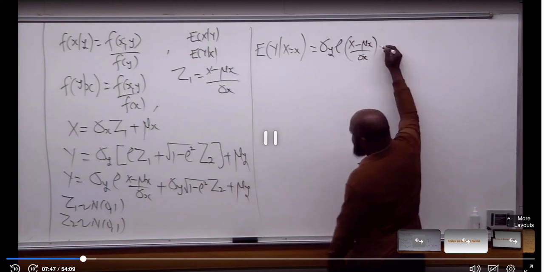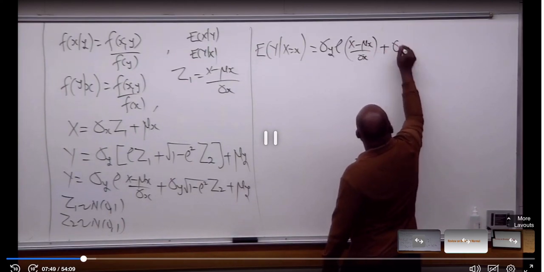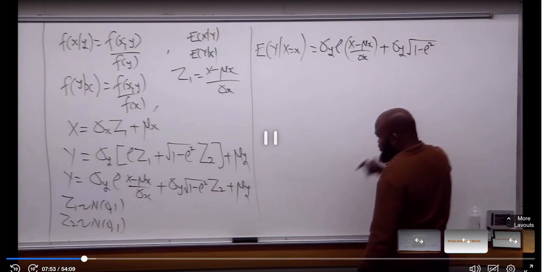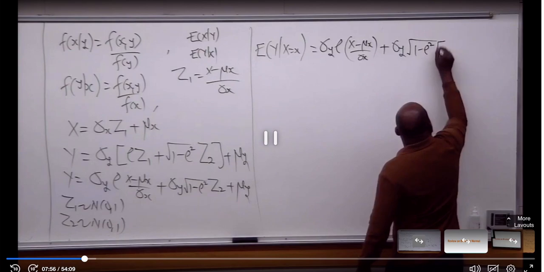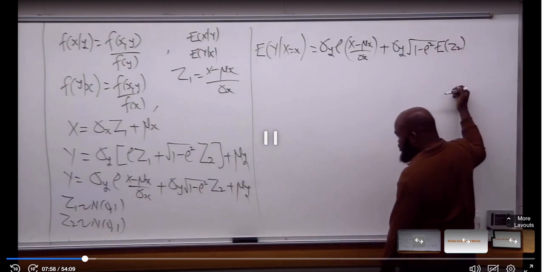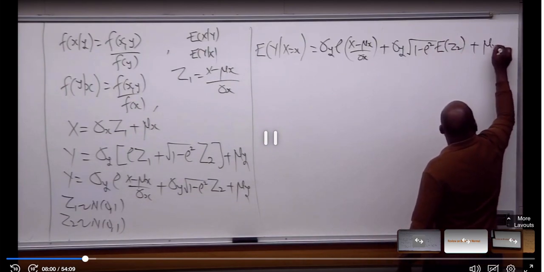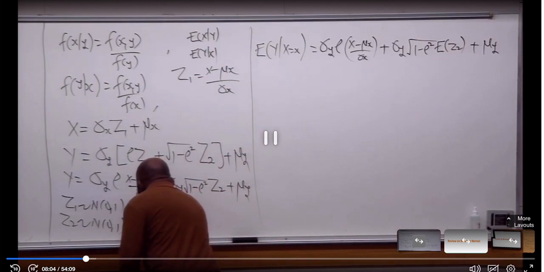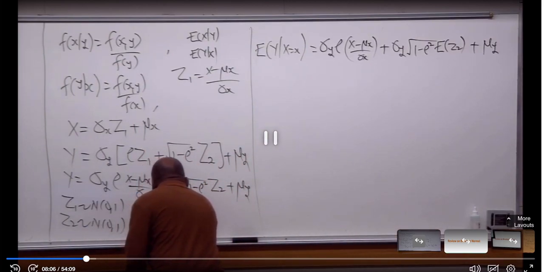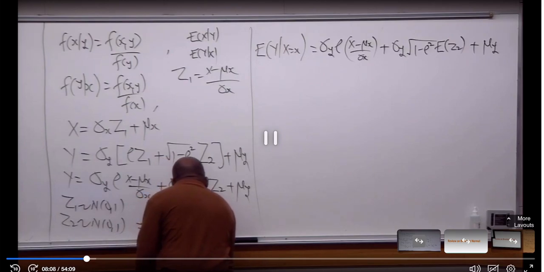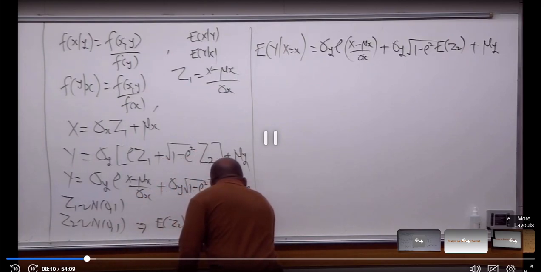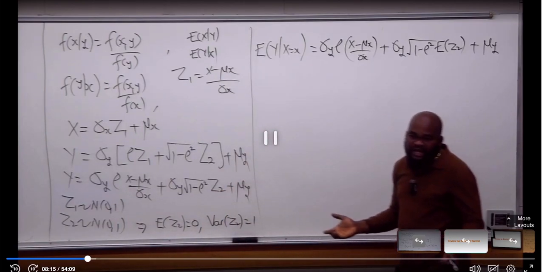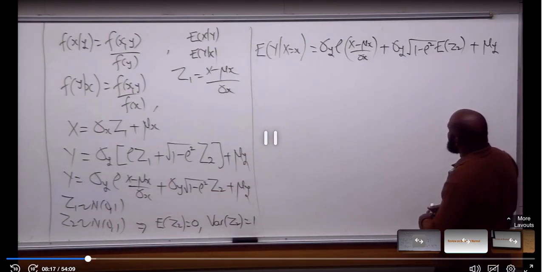I'm actually going to have this plus this, the expected value of z2, plus mu y. If you go by this, it implies the expectation of z2 equals 0, then the variance of z2 equals 1, because z2 is a standard normal random variable.